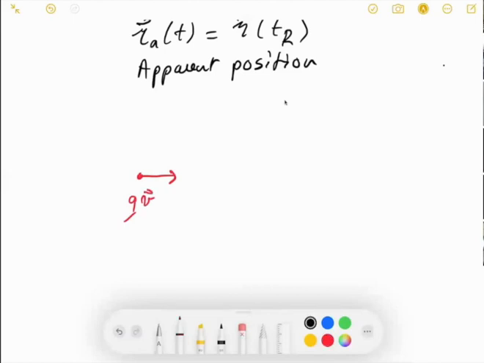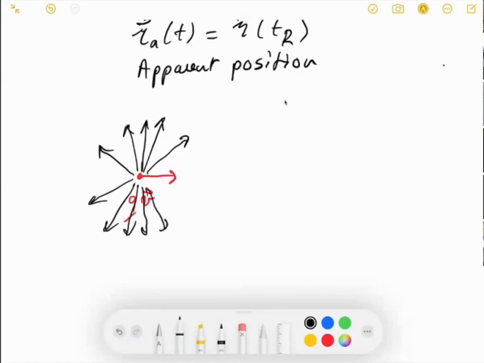We're getting an electric field, and the electric field actually has field lines that are kind of squished in a direction perpendicular to the velocity, and they're stretched out when they're more horizontal.